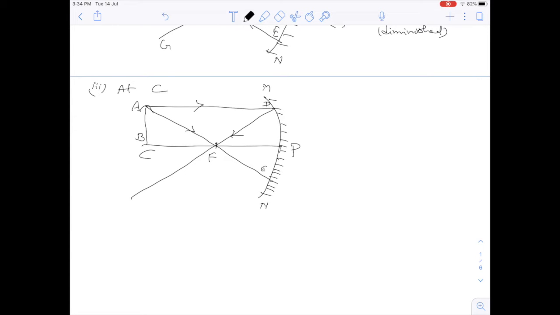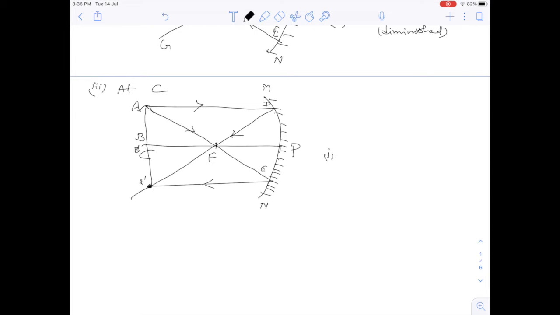Whenever a light ray from an object comes through F, it reflects parallel to the principal axis. So this will be like this. This is one reflected light from D, and this is one reflected light from E. These two are intersecting at this point. So this is the image position, B dash A dash.